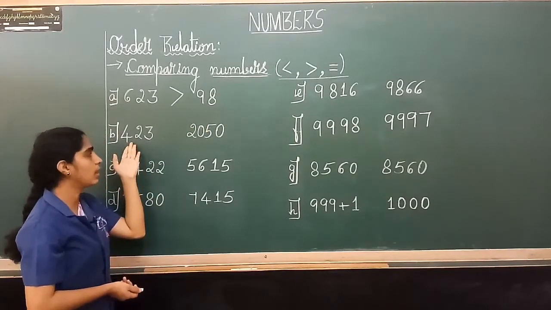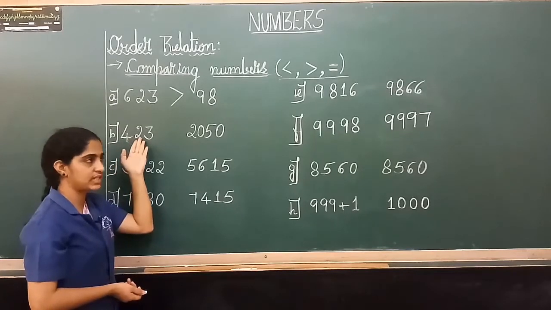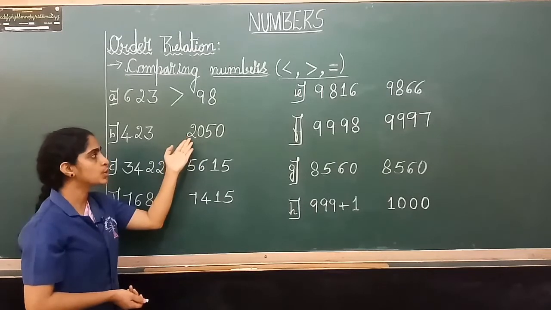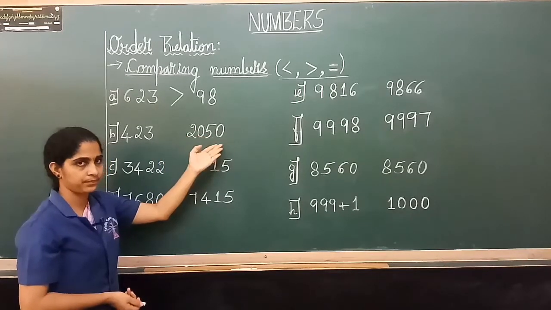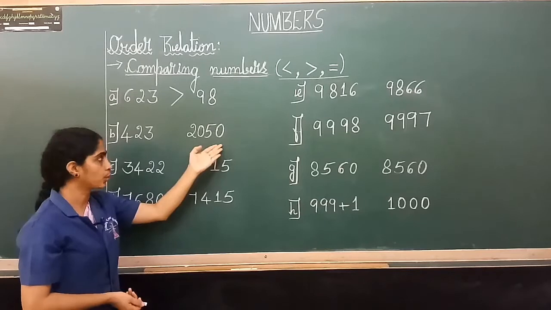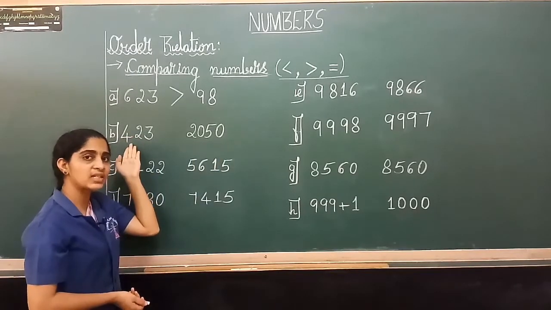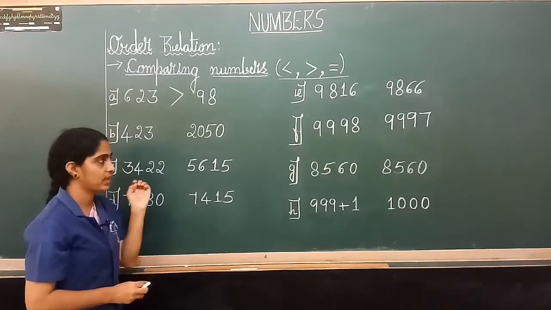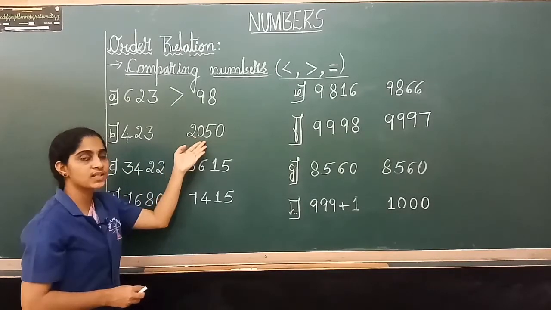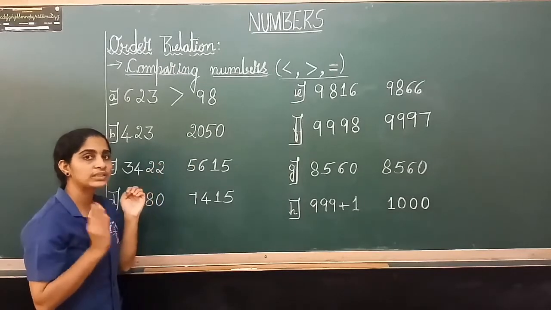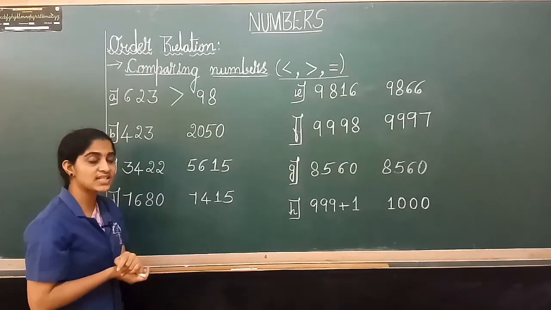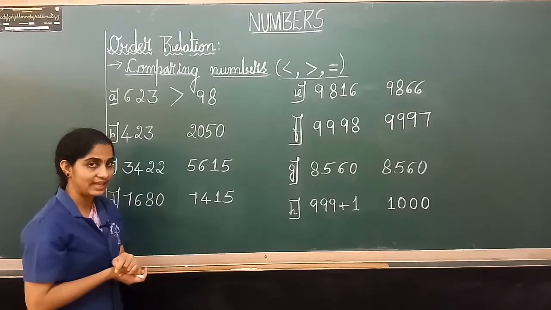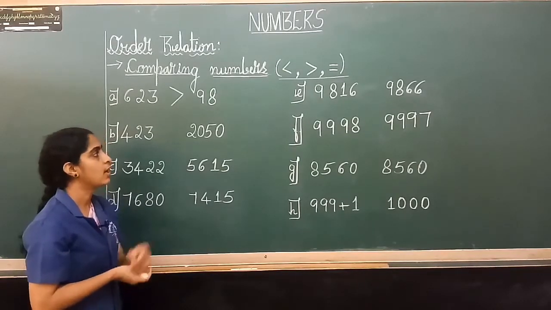Here we have the number 423. On the other side, we have the number 2050. Now, you know that 423 is a 3-digit number, whereas 2050 is a 4-digit number. So, which is greater? A 3-digit number or a 4-digit number? Yes, very good.